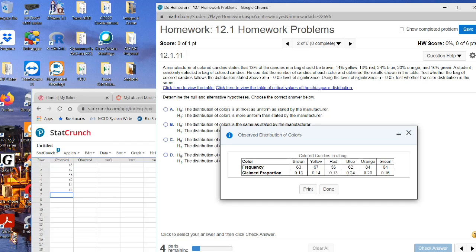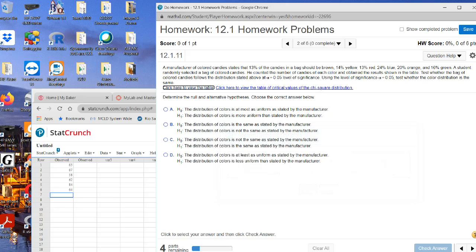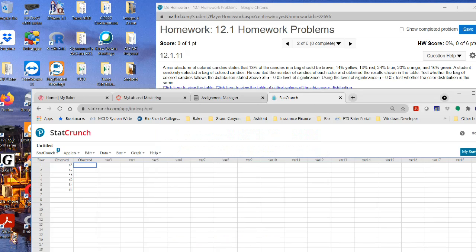And so if the hypothesis is that the claim is that they should be following these proportions, then these computations should be 13% of 396. So I'm going to do the observed. We already counted. This one now is going to be expected.